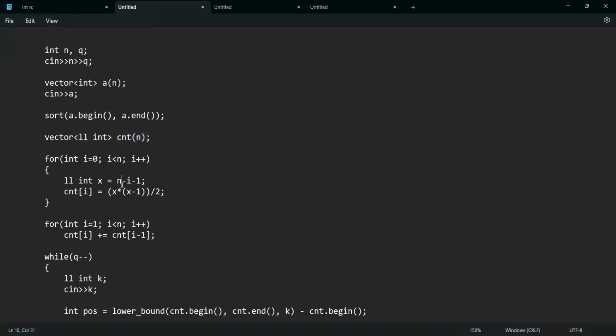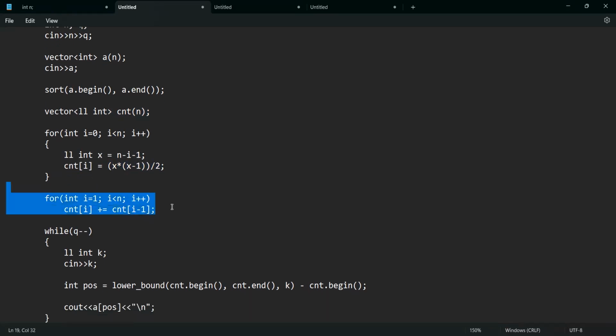So x is nothing but n minus i minus 1, like we said, right? So I have to find n minus i minus 1 C2. First of all, I'm storing this value in x, and then I'm calculating xC2. So this is my count i. Finally, I'm calculating the prefix sum.